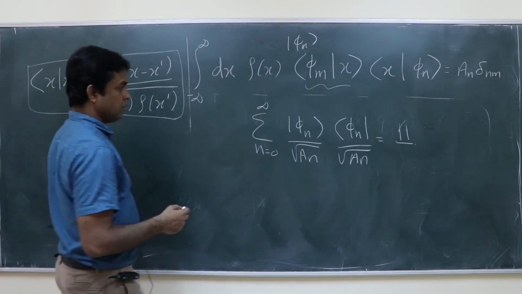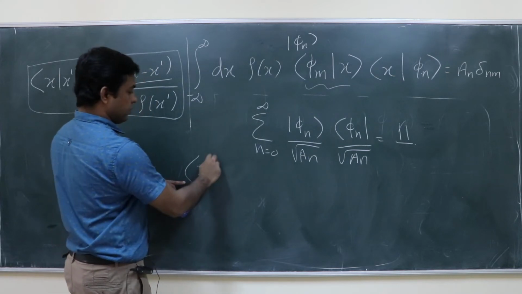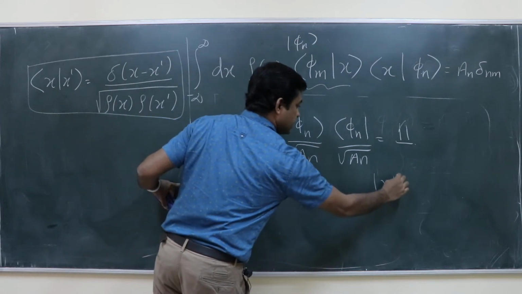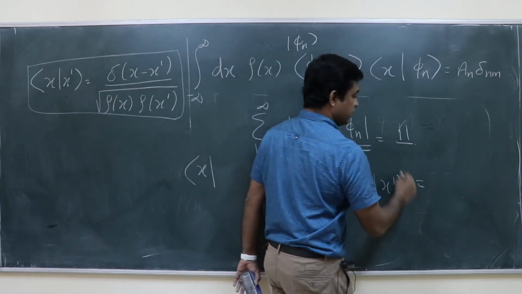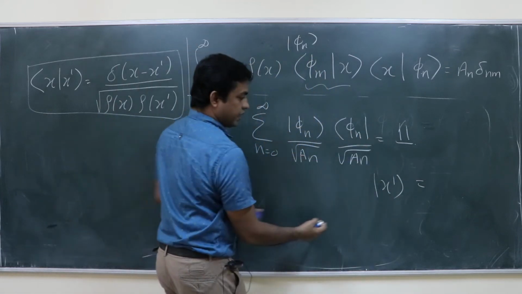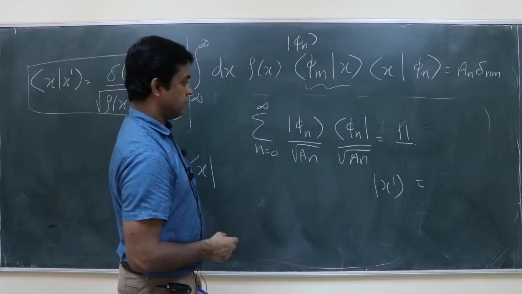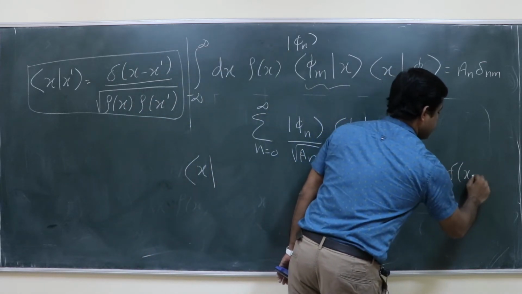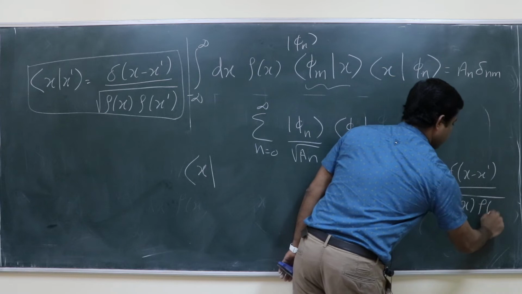Act bra x from the left hand side and ket x prime from the right hand side. What will the right hand side be? Delta x minus x prime divided by the square root of rho of x rho of x prime.